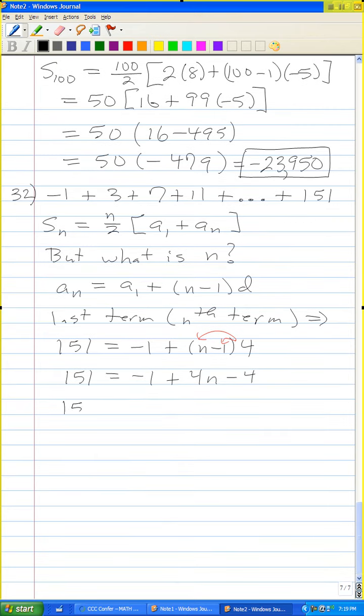So 151 is equal to 4n minus 5. Add 5 to both sides of your equation. So 156 is equal to 4n. Divide by 4. So n is equal to, oops, was it?